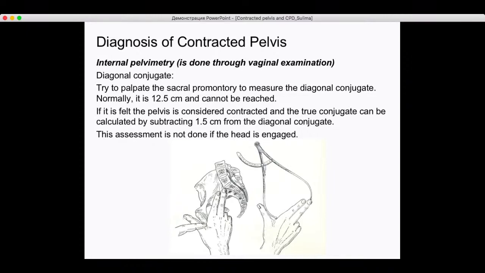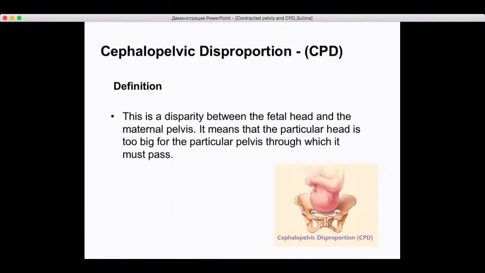This assessment is not done if the head is engaged. You should do it before the delivery, during the pregnancy. Usually we do it at 38 or 39 weeks of pregnancy.